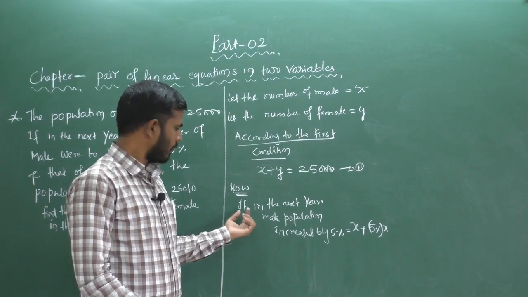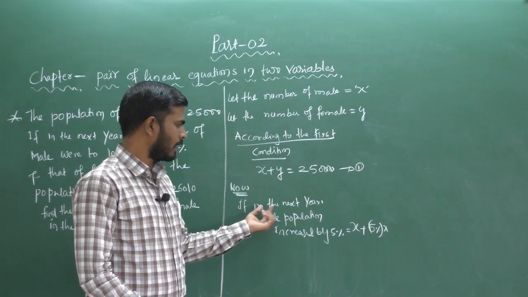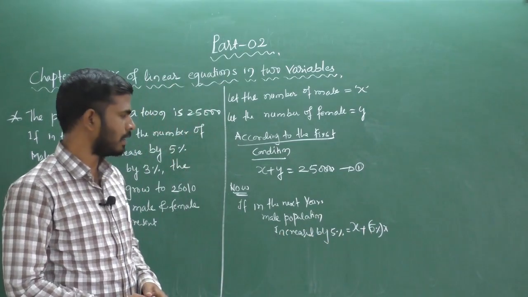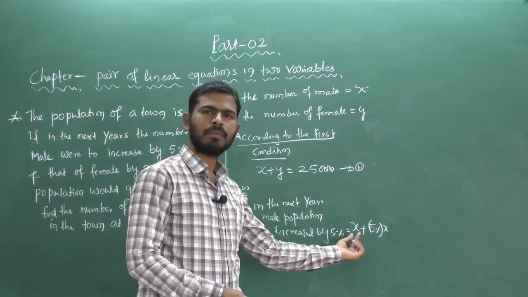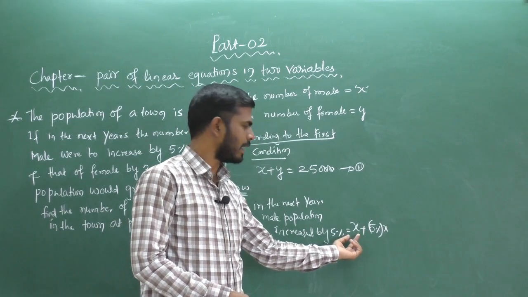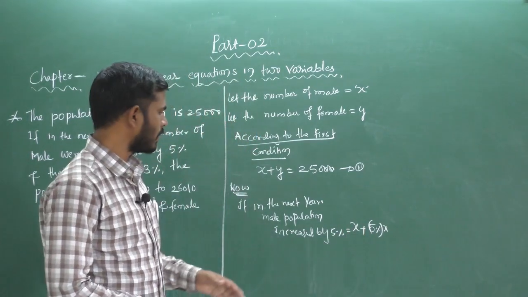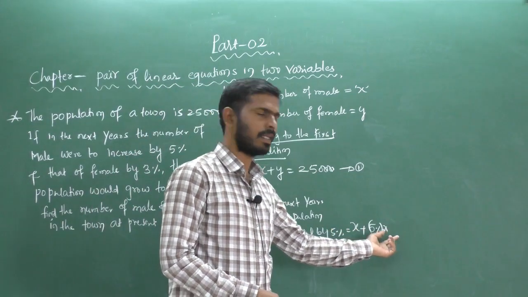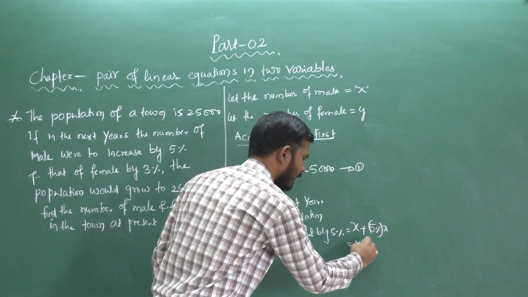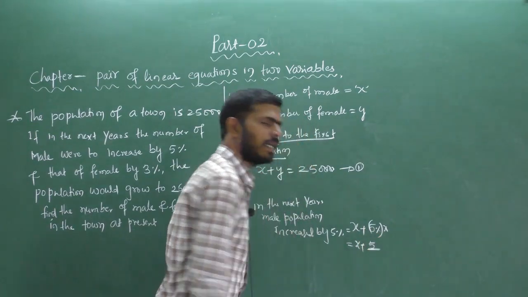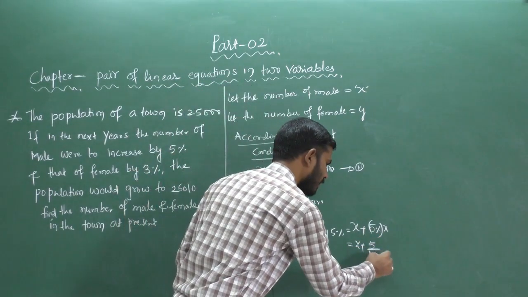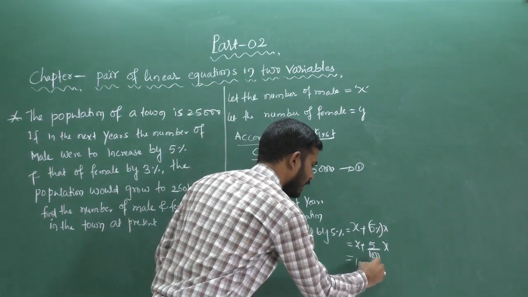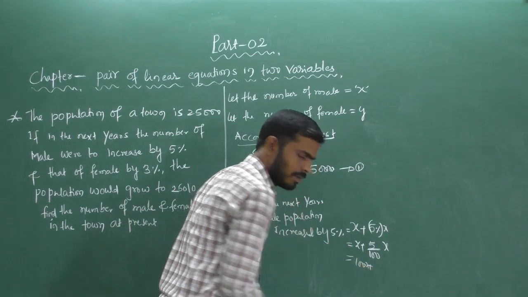So now, if in the next year the male population is increased by 5%, we have to take the present population, that is x, plus the increase. How much increased? 5%. That's why we take 5% of x. Now you can simplify: 5% you write as 5 by 100, that is x.